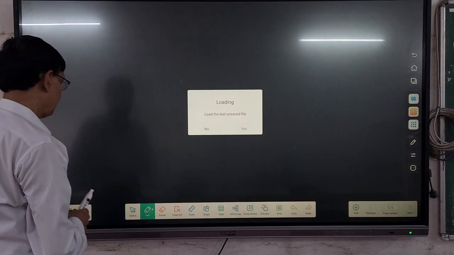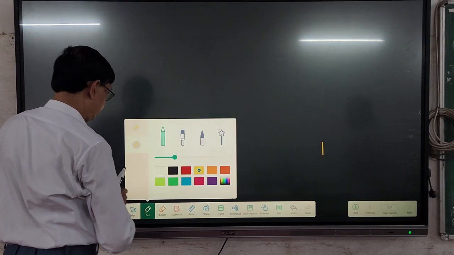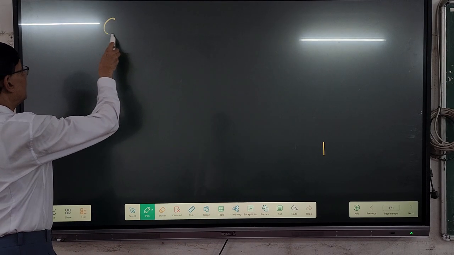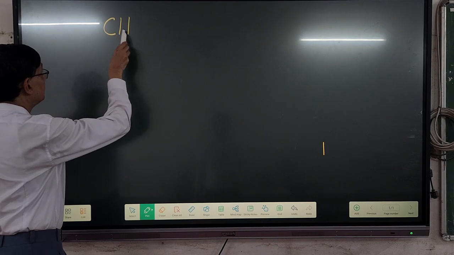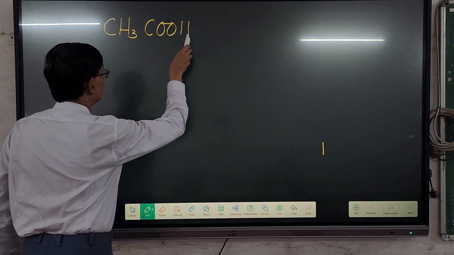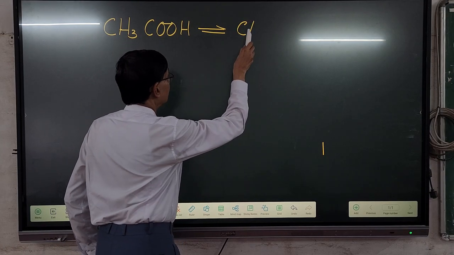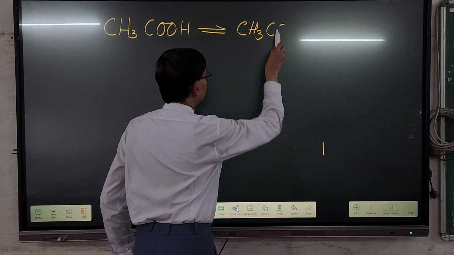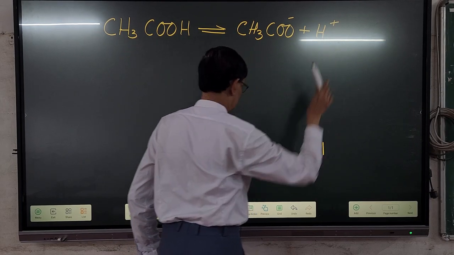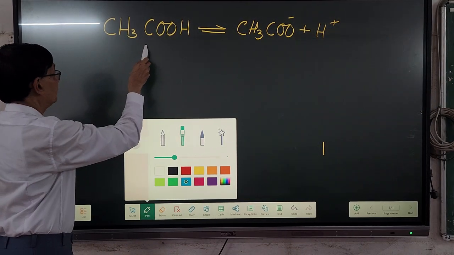Now I can use acetic acid and acetate ion, or it is better to take HA.